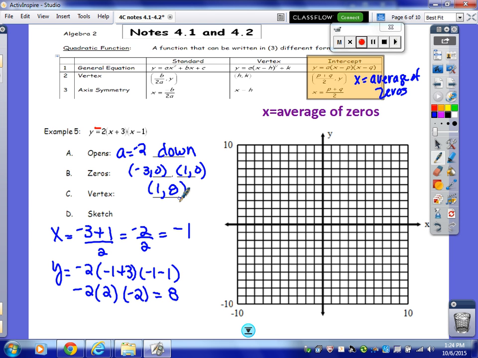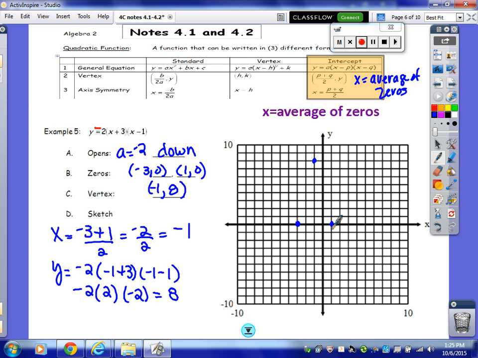We need 2 more. So let's graph what we've got and see what we need and decide how we're going to go about getting those extra points that we need. All right, so we've got 1, 8. I'm sorry, negative 1, 8. Write it down correctly. Negative 1, 8. All right, we've got negative 3, 0.